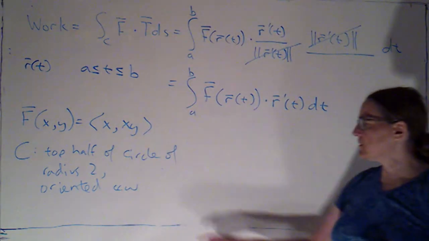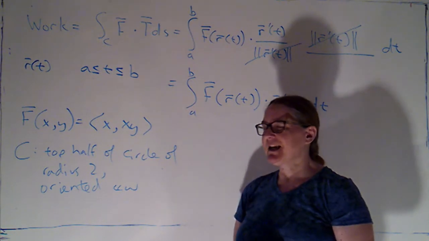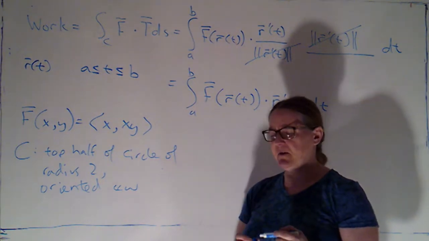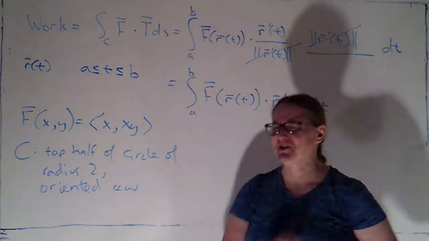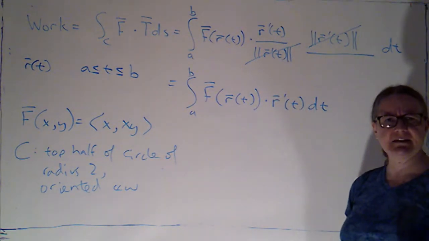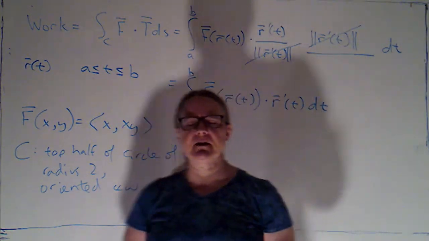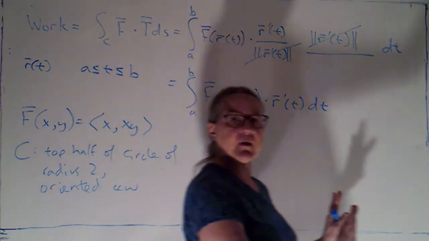Now, I mentioned in an earlier video that orientation didn't make a difference for line integrals. It does for work integrals. And you might think that's a contradiction. It's not, and we'll discuss why. Okay? But if you just think about it with common sense, me biking into the wind, very different experience from me biking with the wind to my back.